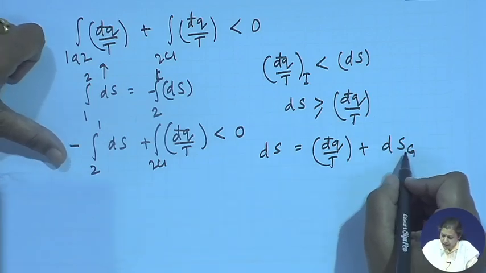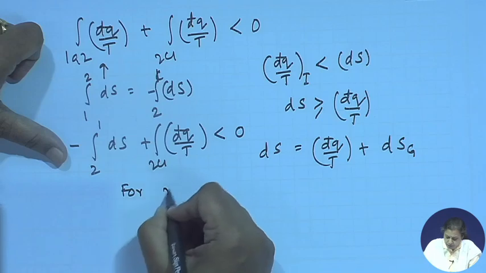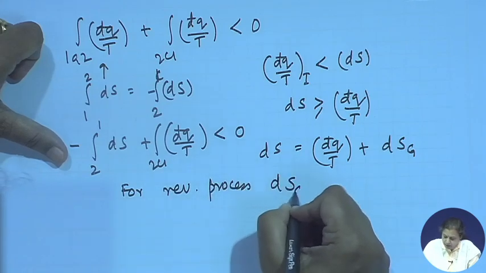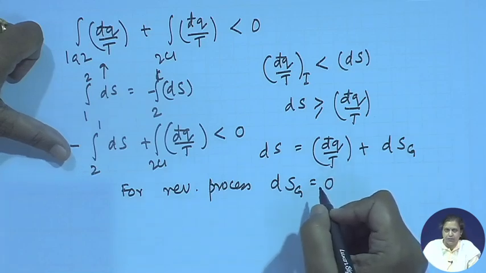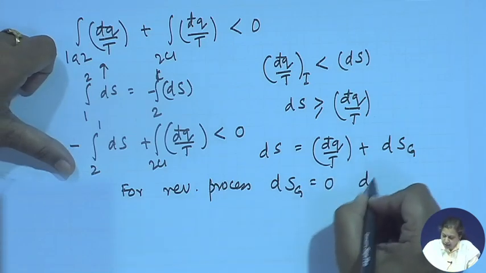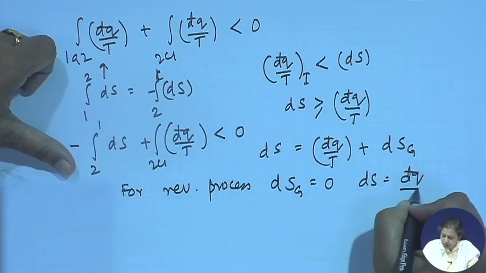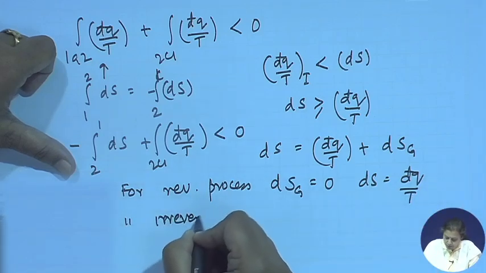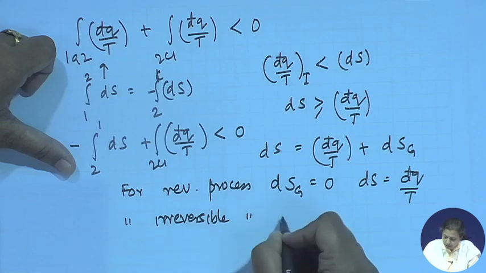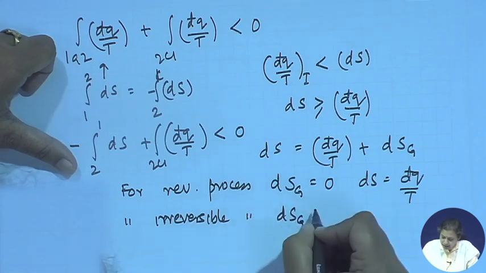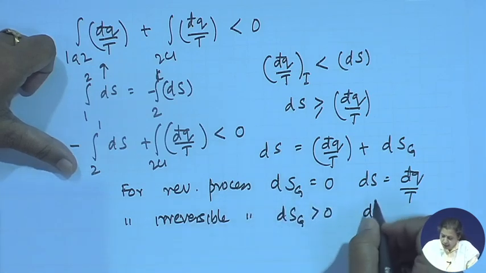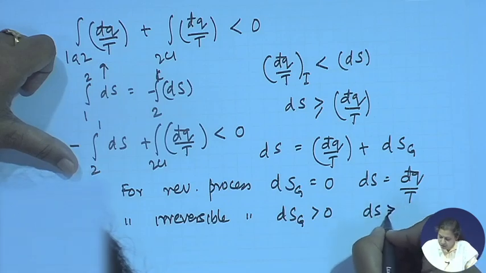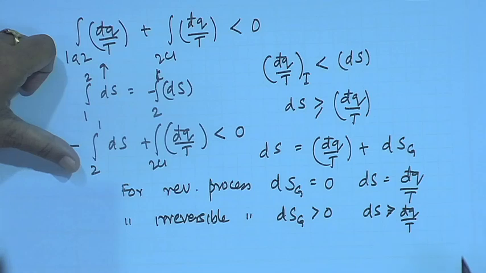So, for a reversible process, the entropy generated due to irreversibility equals 0 and ds equals dq by T, and for an irreversible process, dsg is greater than 0 and ds is greater than dq by T.